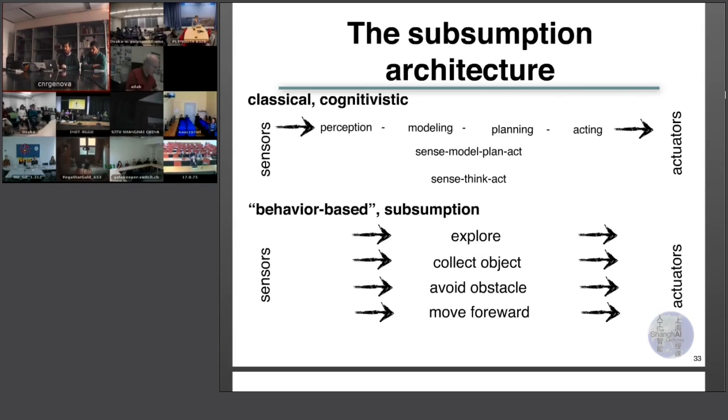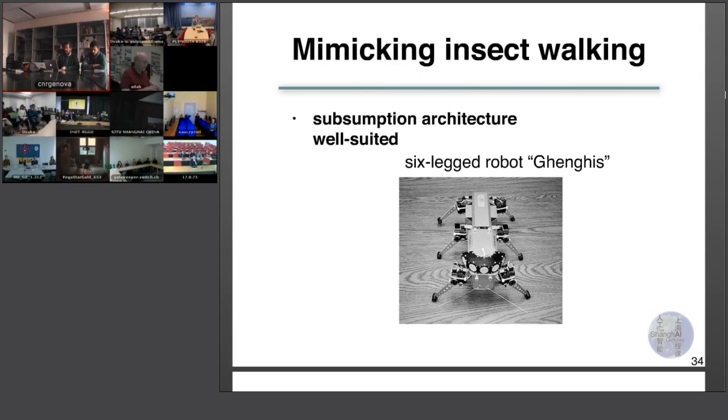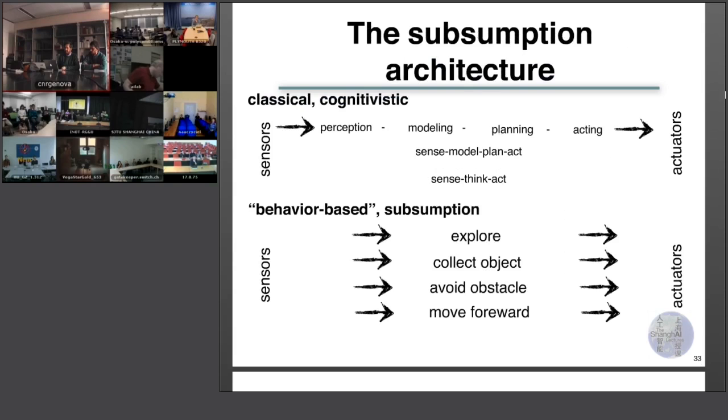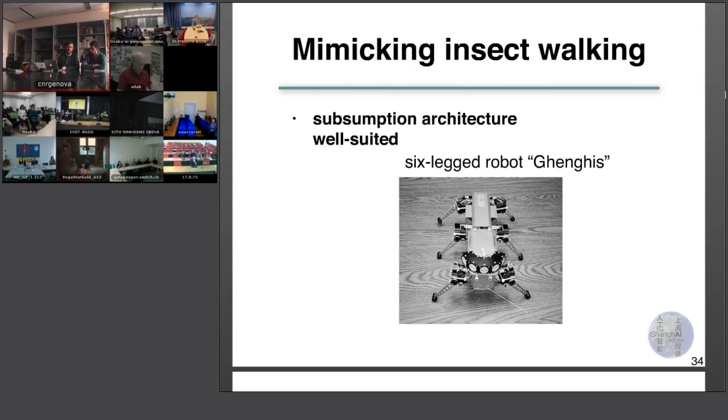But you can do what he did, for instance, in a robot like this, to have the so-called subsumption architecture. Of course, you still have a computer, but the way you implement the behavior control is conceptually different from a top-down control system.